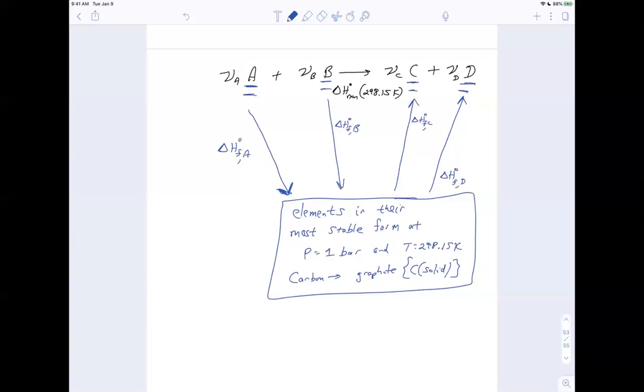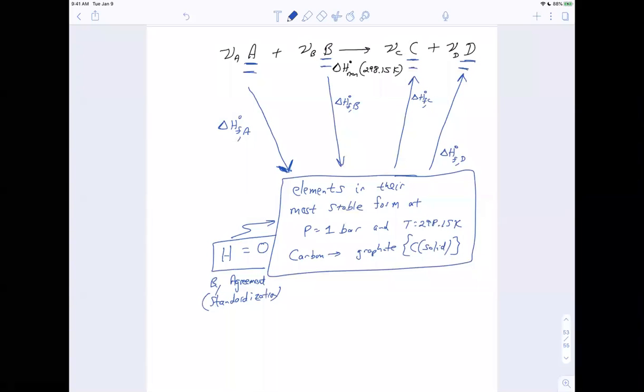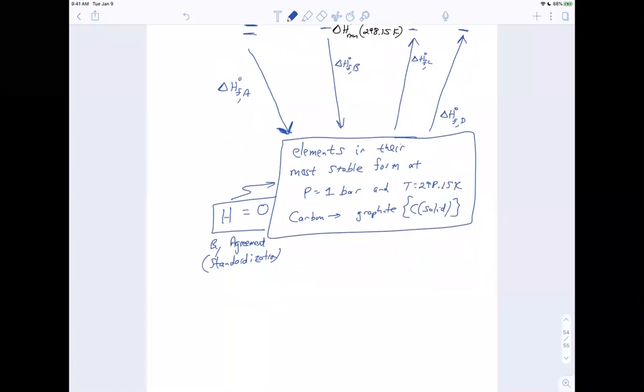But that's something then that you would have to specify. So in this case, for enthalpies of reaction, everything in this box has H equal to 0 by agreement. Okay, and so this is a standard. So all of these guys have enthalpy of 0, so this is by agreement or standardization. Okay, and so then an enthalpy of formation would just correspond to, let's say, CO2.